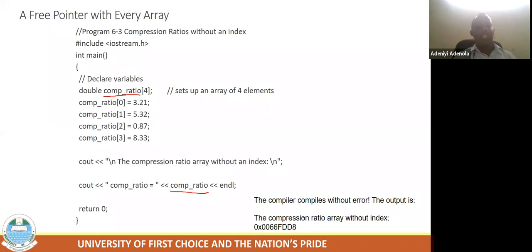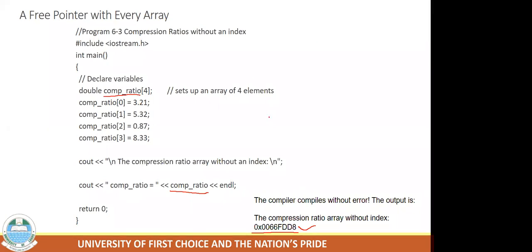You will see it will compile without an error, and it will give you this output. If you can see this, 0066 FDD8, what does it look like? The address. It looks like an address.